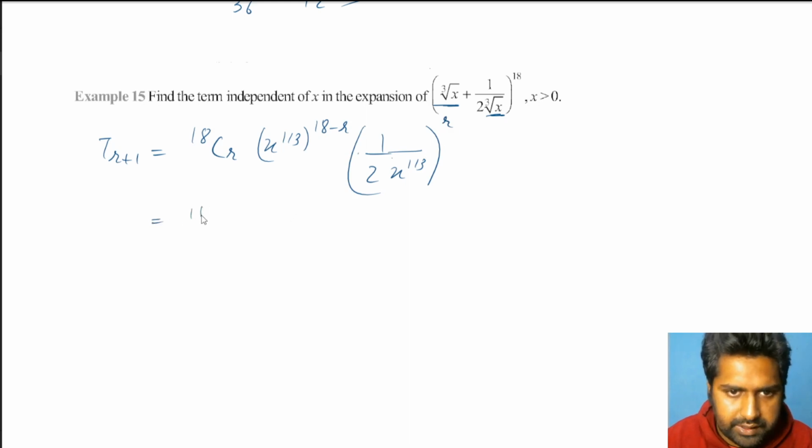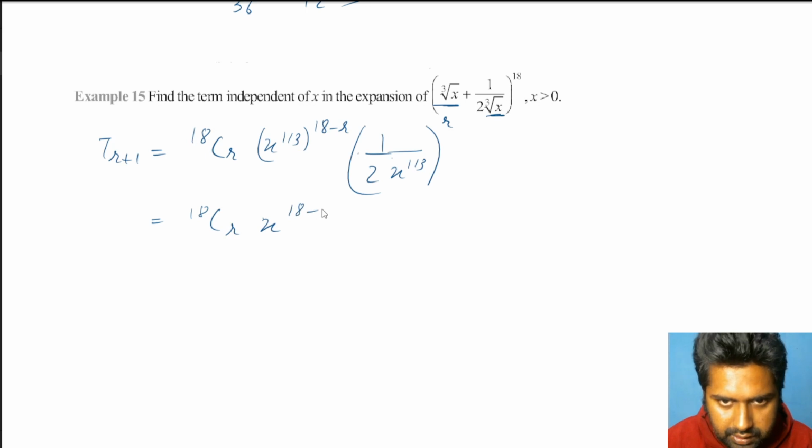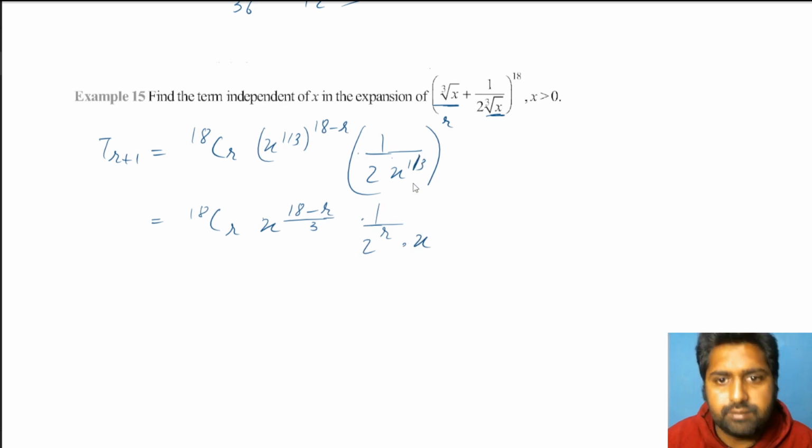Let's separate them. 18Cr, power raised to power, you will have multiplication, so x raised to power 18 minus r by 3, multiplied by 1 by 2 raised to power r, x raised to power r into 1 by 3 becomes r by 3.